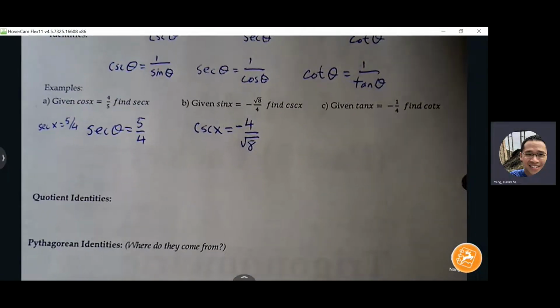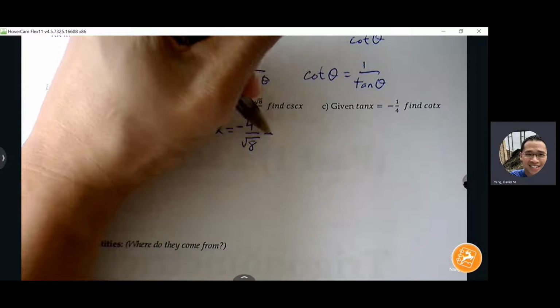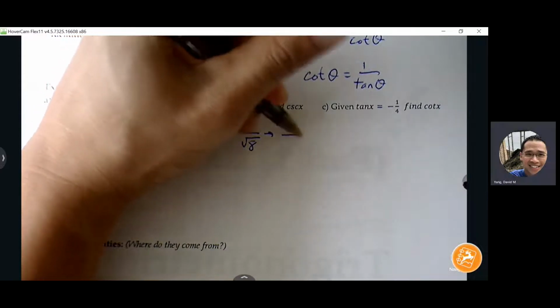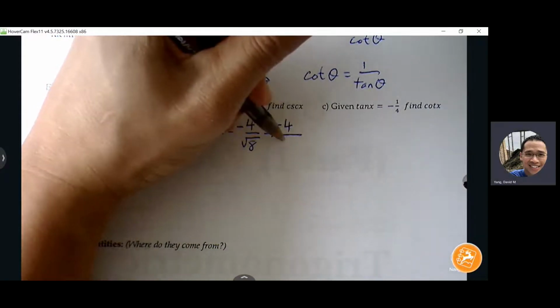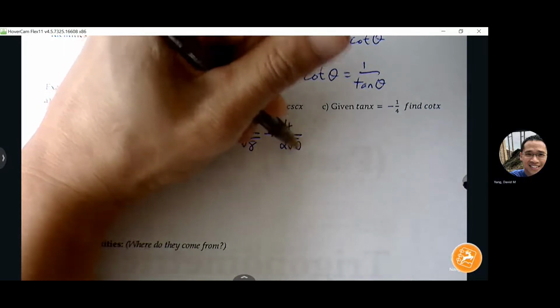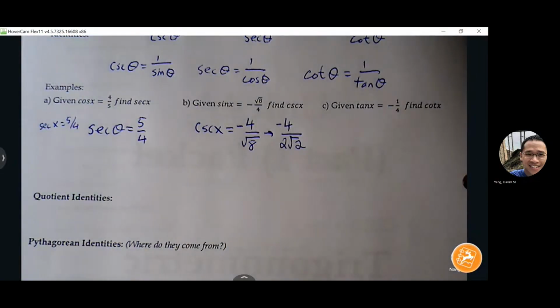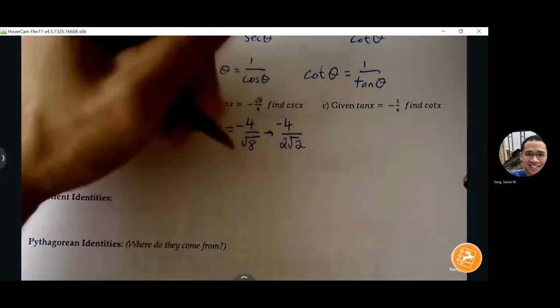Okay, now we can actually reduce this a little bit because root 8 is the same thing as 2 root 2. I can reduce the fraction and also rationalize the denominator.